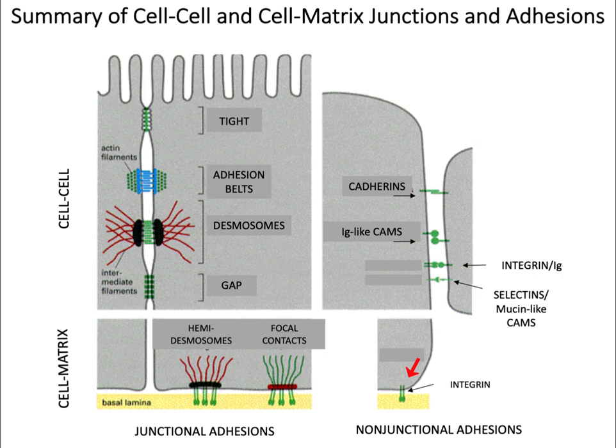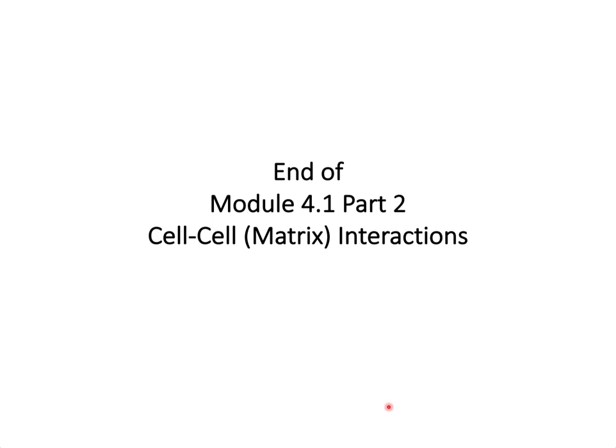So if you look at the bottom, the interaction between the integrins and the matrix, and then you have interactions of the cadherins with each other, interaction of the immunoglobulin superfamily of cell adhesion molecules with each other, the interaction of the same family with integrins, and then you have the interaction of the selectin with glycoproteins known as the mucin-like CAMs. And this is just a slide that summarizes all of the junctions. This concludes our discussion on cellular interactions.